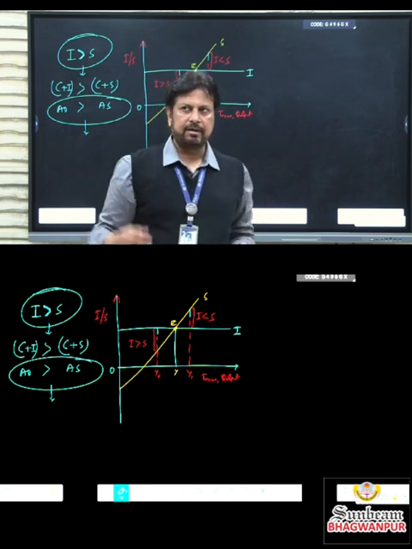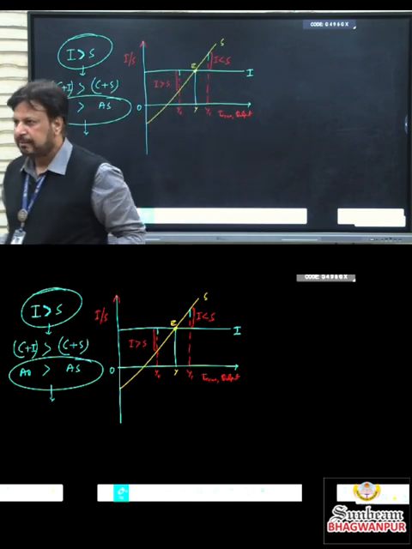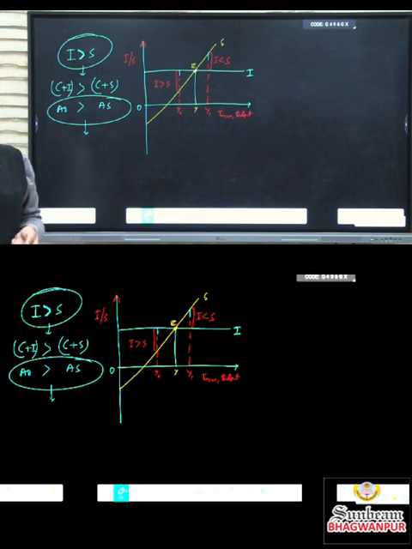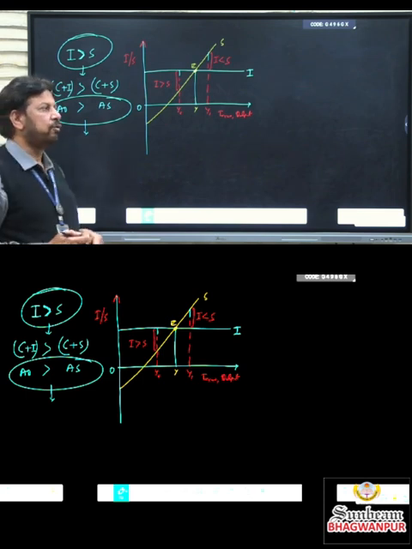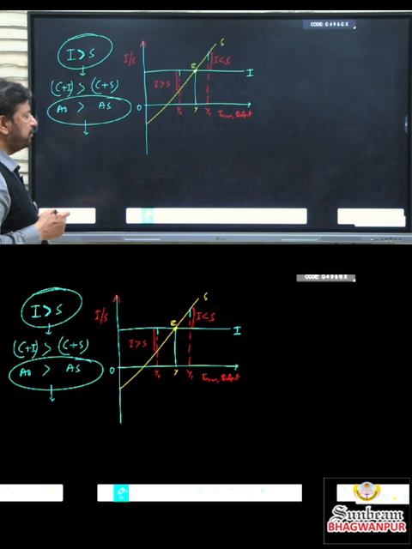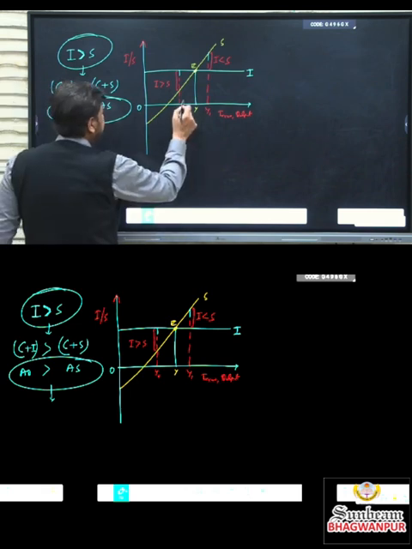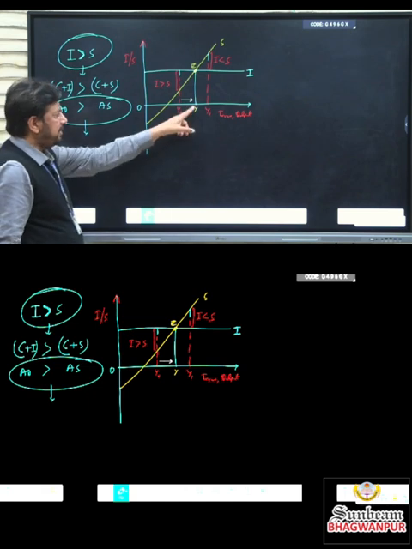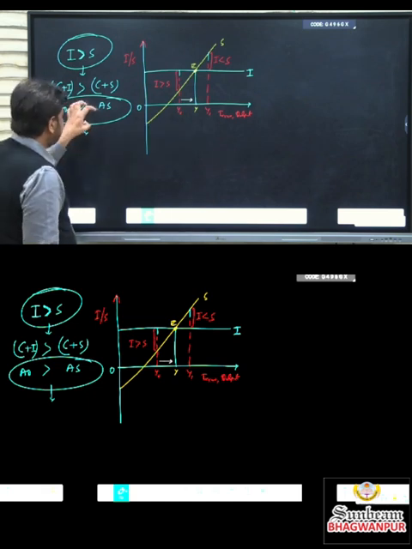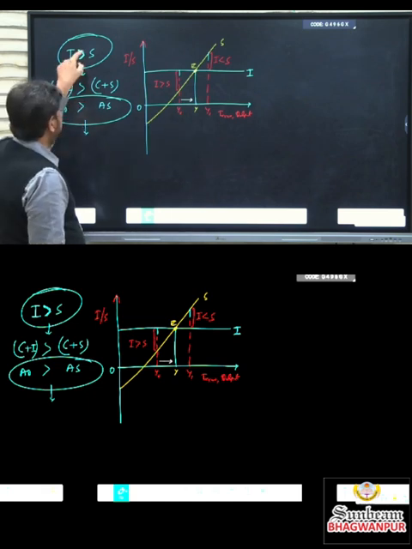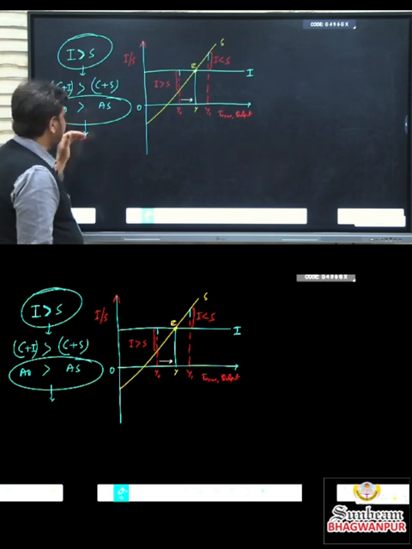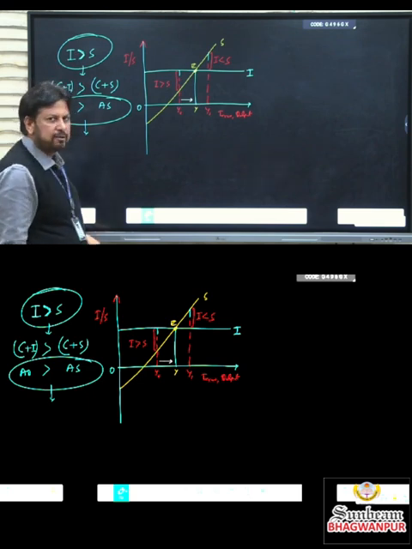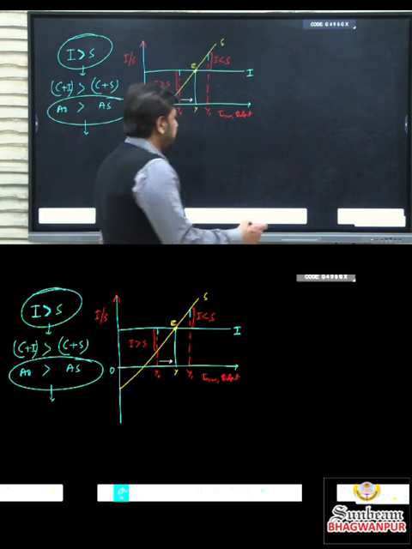To replenish this, to increase their planned or desired inventories, firms would plan to produce more. And when firms plan to produce more, there will be a rise in income and output in the economy till I equals S. The same adjustment you need to explain in the case of I greater than S as you explain in the case of AD greater than AS.